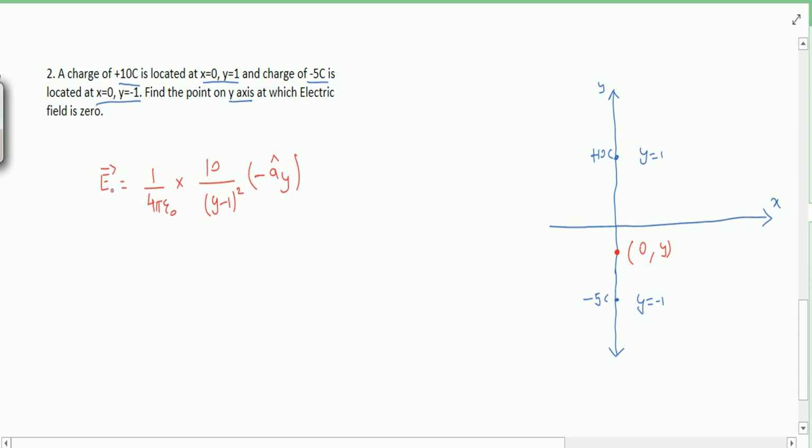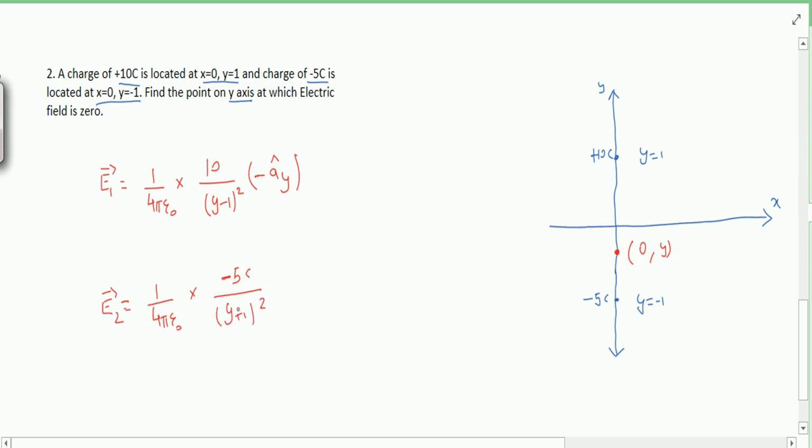Suppose this is E1. Now let us find E2 due to the other charge. It will be 1 by 4 pi epsilon naught into the charge, which is minus 5, divided by, taking field location minus source location, 0 minus 0, y plus 1, so y plus 1 whole square.